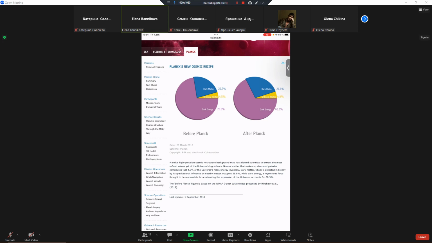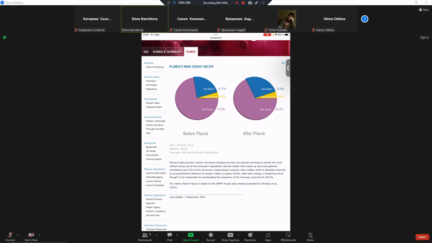After Planck, when Planck gave a much more precise estimation of dark matter and ordinary, or baryonic, matter, you can see that it changed a little bit, especially for baryonic matter. So baryonic matter is 4.9%, and dark matter 26.8%.